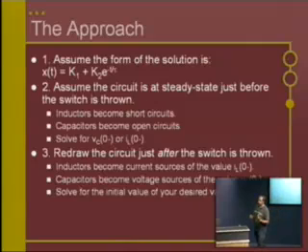That could even be the voltage across the storage element itself or the current through the storage element. That's an interesting enough problem in and of itself. But our assumption is that the solution does take that form. Then we're going to assume that the circuit has been in its position before the switch is thrown for long enough to have achieved a steady state condition.